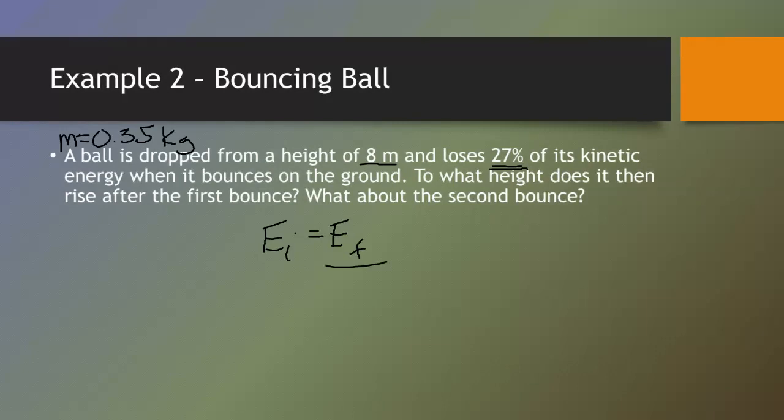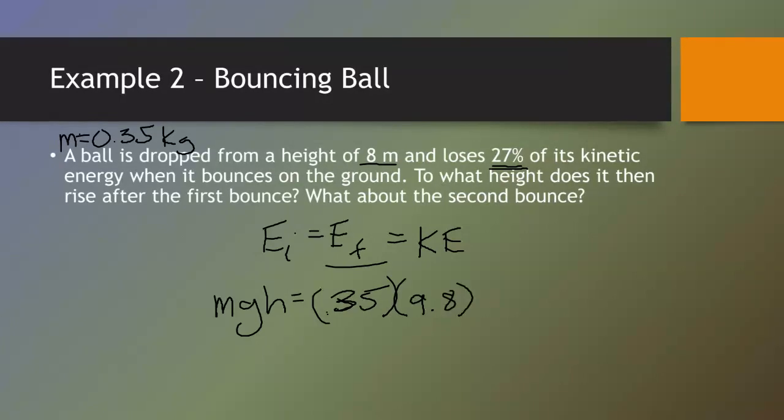And that final energy is the kinetic energy at the bottom, and the initial energy is the potential energy, mgh. So in this case, that would be 0.35 times 9.8 times 8 meters. And this gives us a total potential energy at the beginning of 27.44 joules.